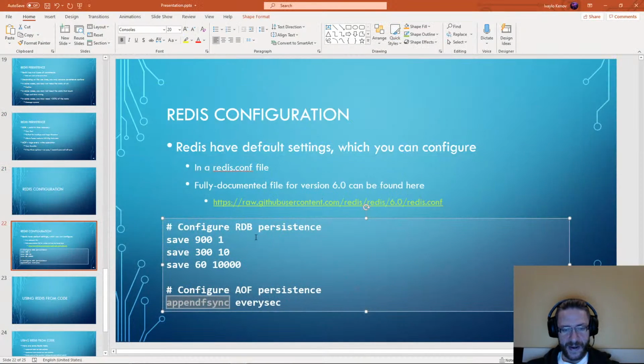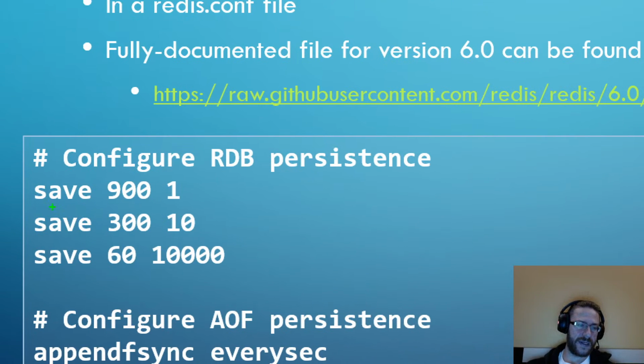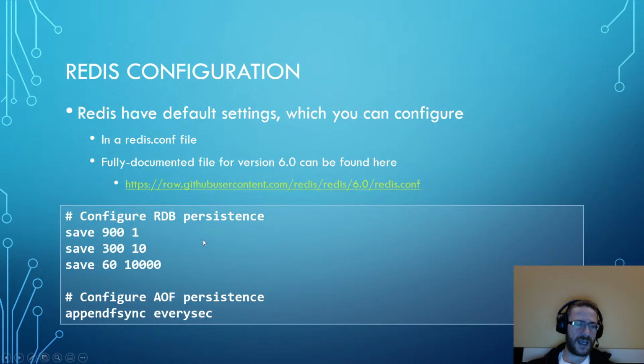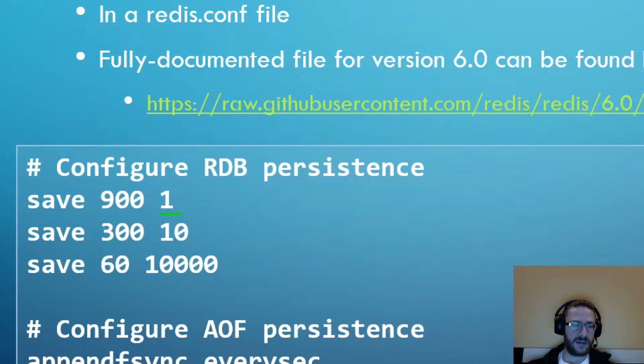Then the RDB persistence can be written in the following manner. Save 100. What this means is that you can say, I want to save every minute and every 900 values.